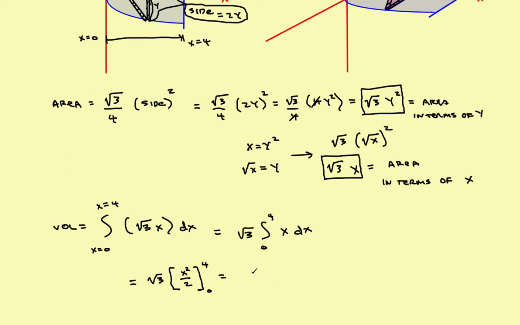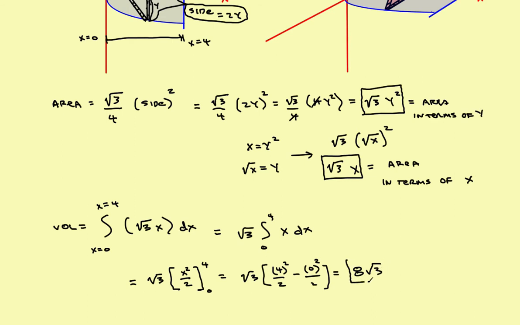And when you plug in the 4 and the 0, you would get the square root of 3 times 4 squared divided by 2 minus 0 squared divided by 2, which is going to give you 16 divided by 2, which would be 8, and the final answer then would be 8 times the square root of 3.